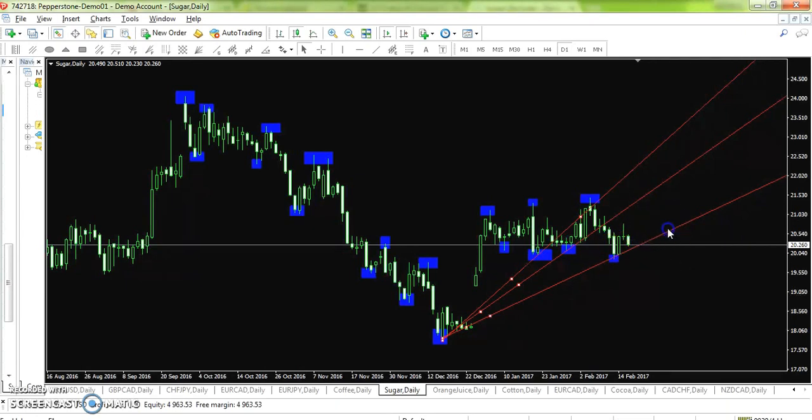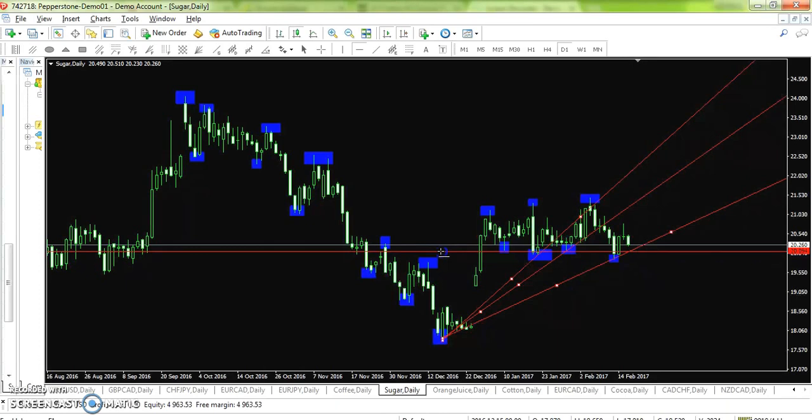So if you are a swing trader, you need to wait for a break of this level. If the sugar has broken this trend line, go short, or you can say if the market has broken the level of 20.09, go short.